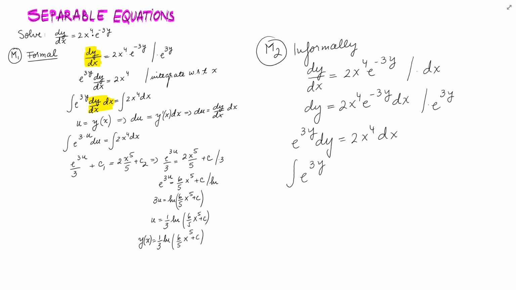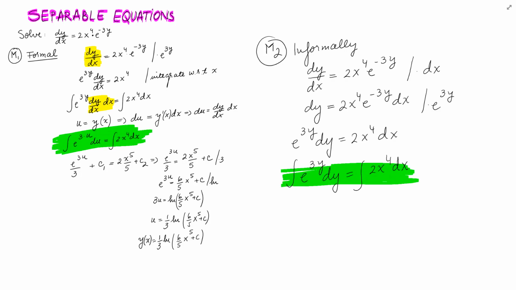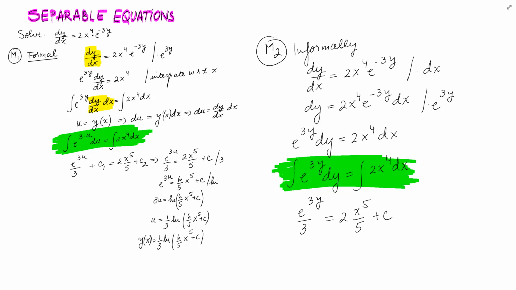So here I get the integral of e to 3y dy, and then the integral of 2x to the 4th dx. Now if I compare these two equations, they look pretty similar, only the one in the formal method is in u, and this one is in y. But if we continue this one, we get e to 3y over 3, so we are getting the same antiderivative, and this one is equal to 2x to the 5th over 5, and then plus the constant.